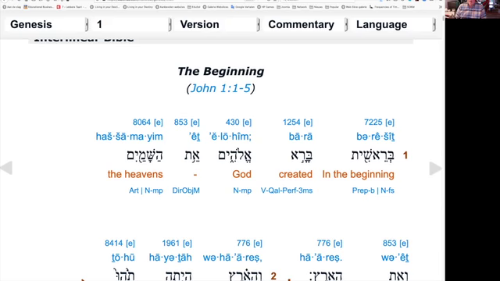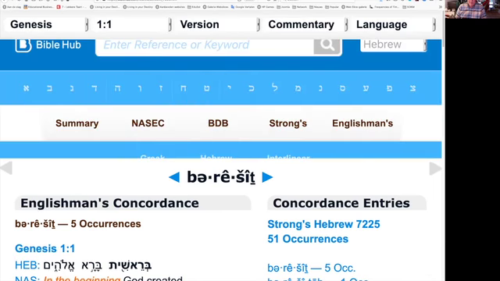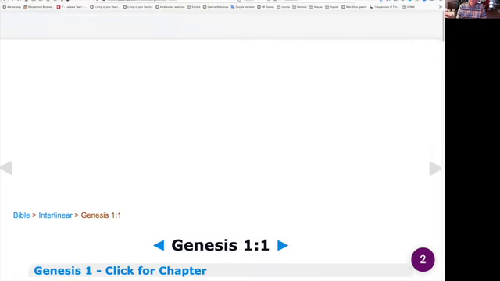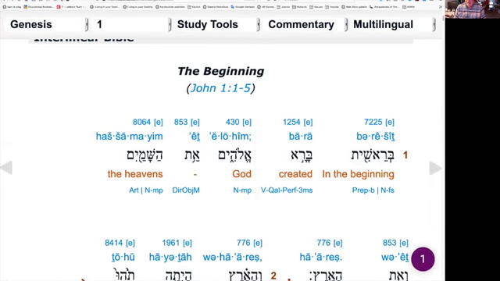So we see here the same word, Bereshit. We see here, oh, let's put the annotate on. Oh, I did something. You see here these, oh, come on.